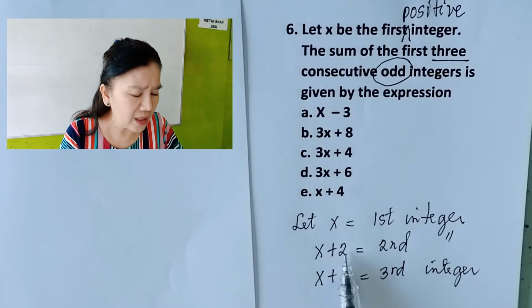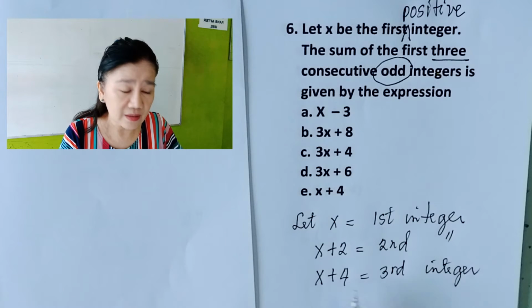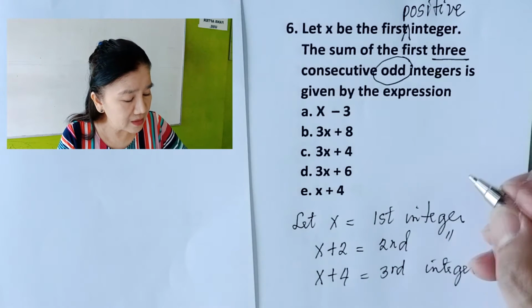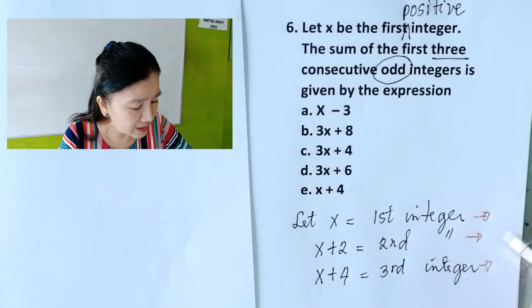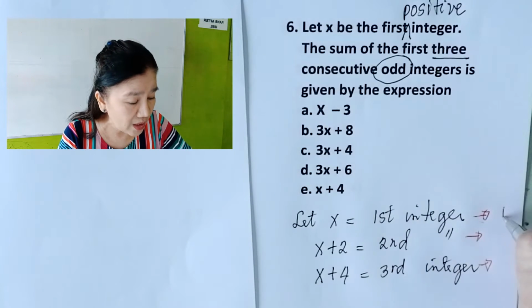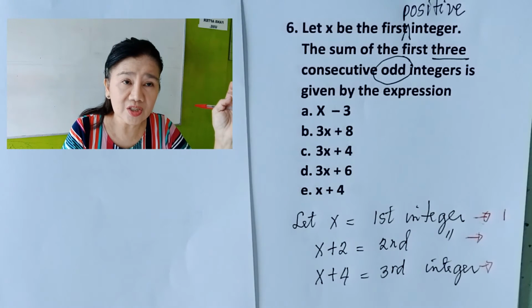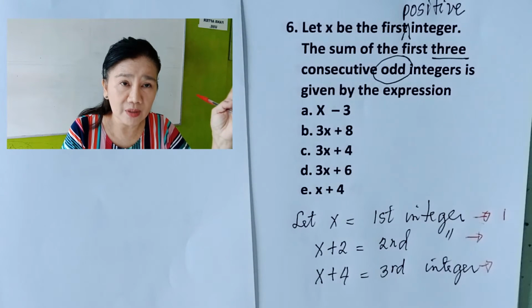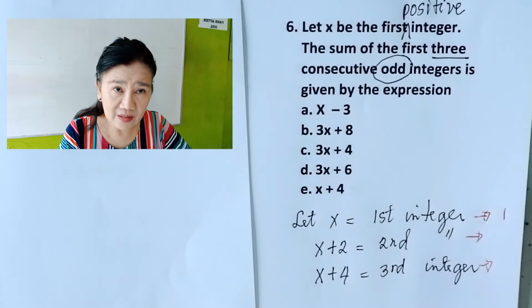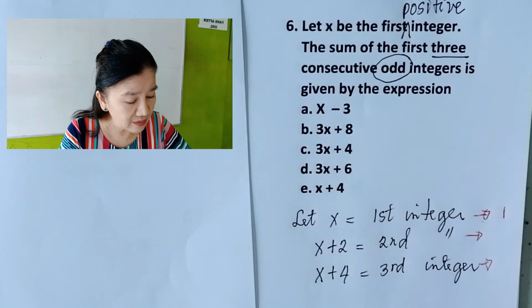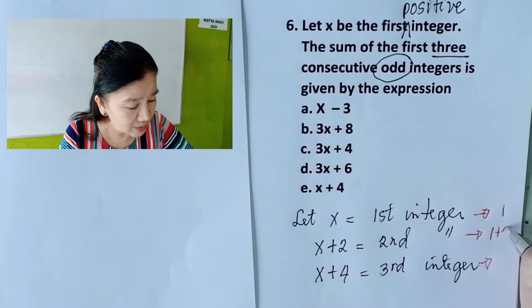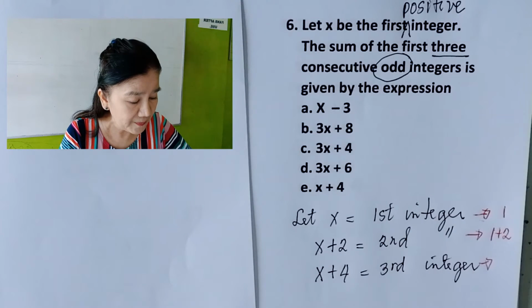Now, why did we add plus 2 and plus 4 here? Let me explain this. For example, this is just for the sake of illustration. Your first integer is 1. What is your next integer? Isn't it 3? What did you add to 1 to get 3? You added 2. 1 plus 2 gives you 3.